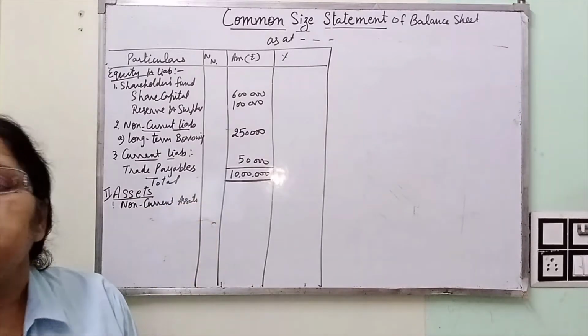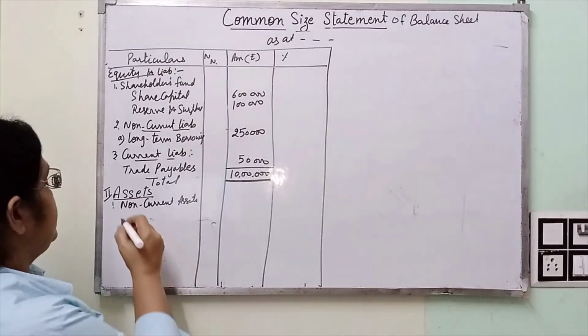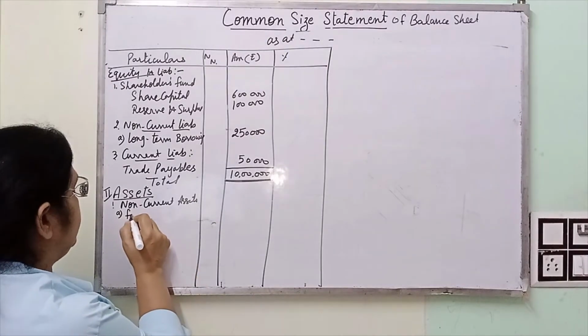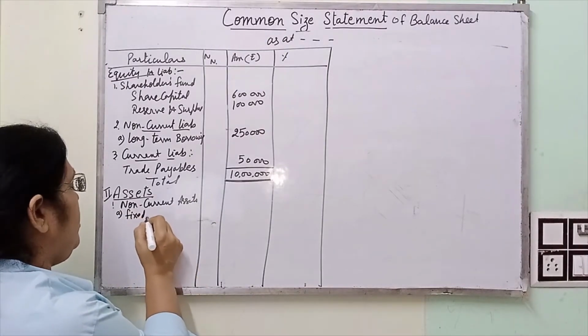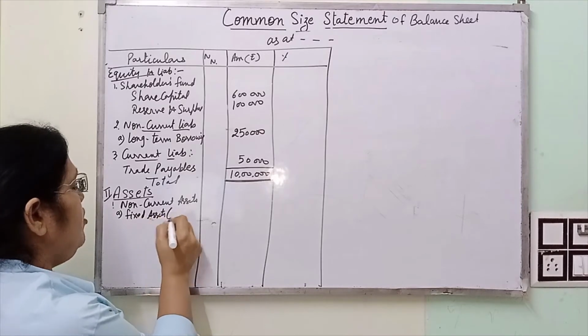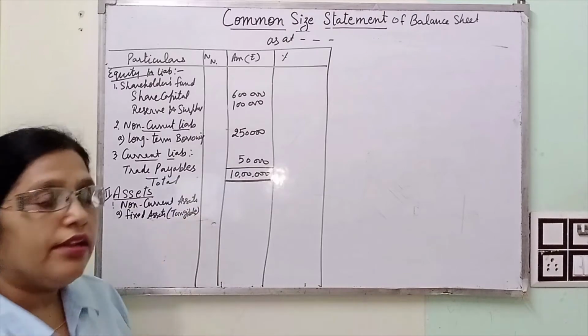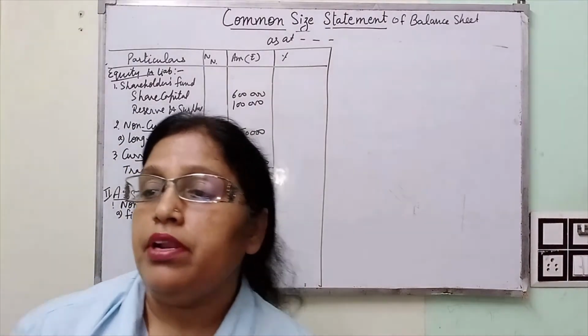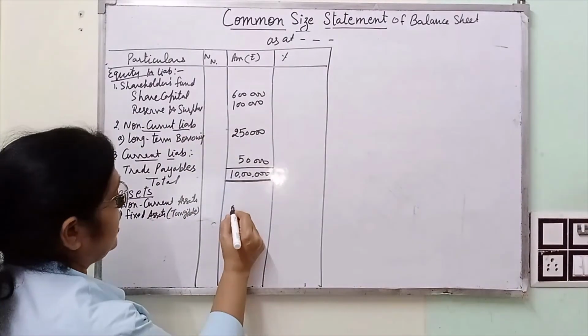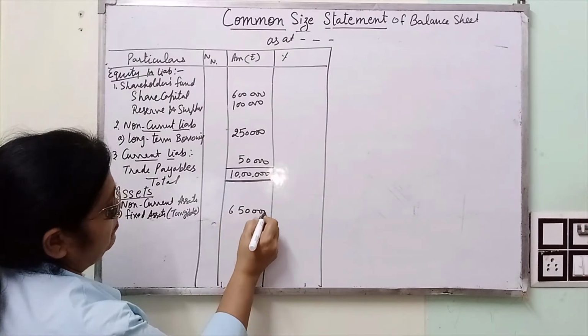Under non-current assets, we have fixed assets. A part is fixed assets, and under fixed assets, we have tangible assets. Clear? And the tangible assets amount is rupees 6,50,000.